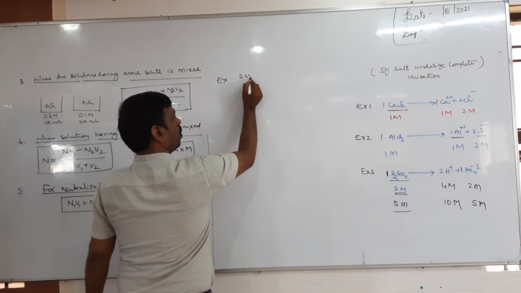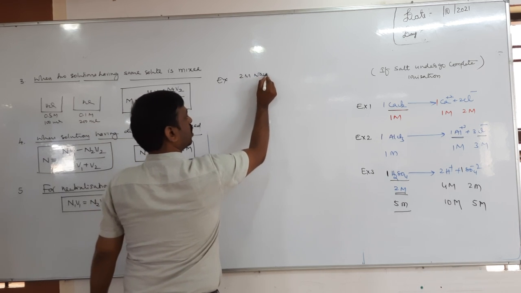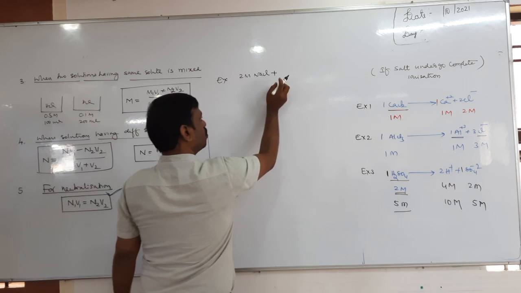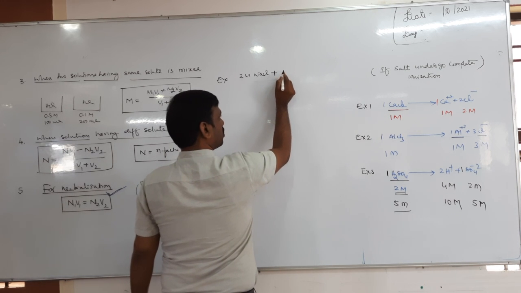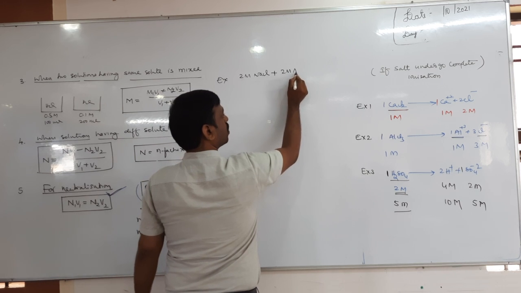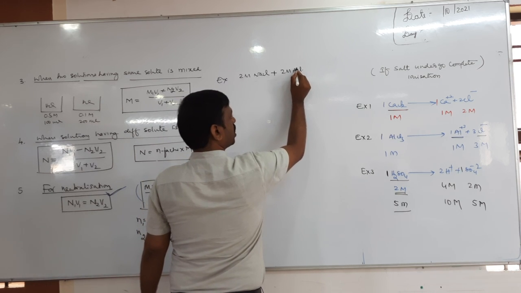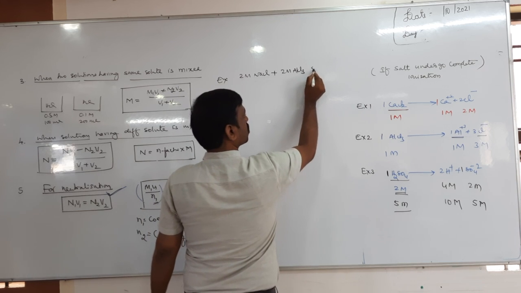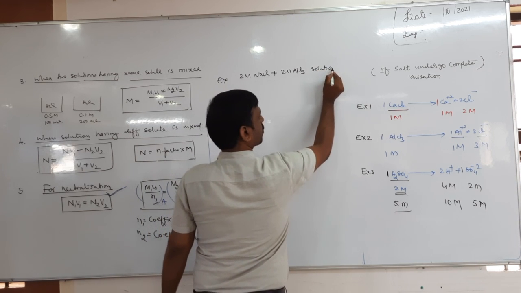Write down: 2 molar NaCl mixed with 2 molar AlCl3 solution.